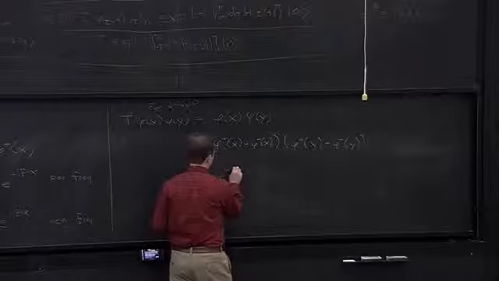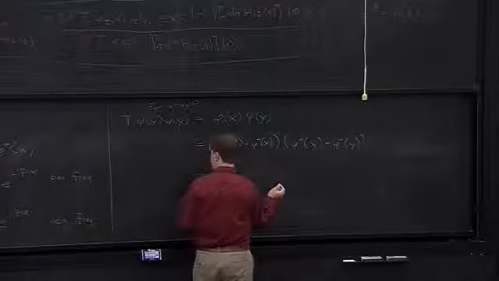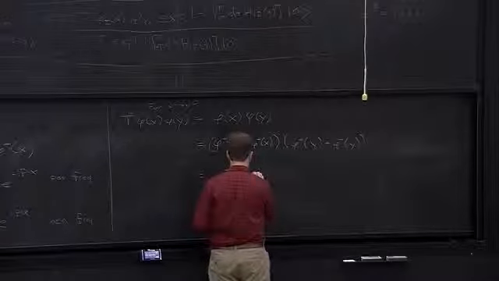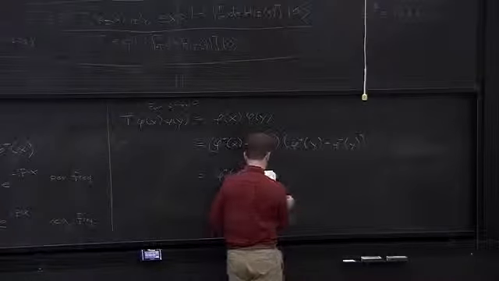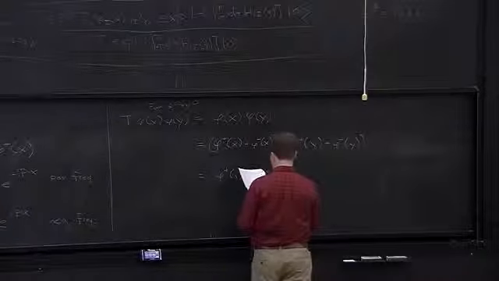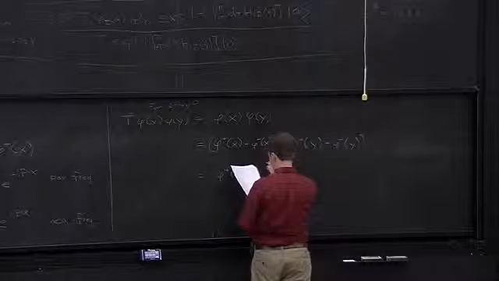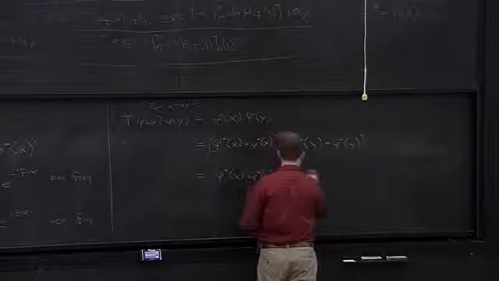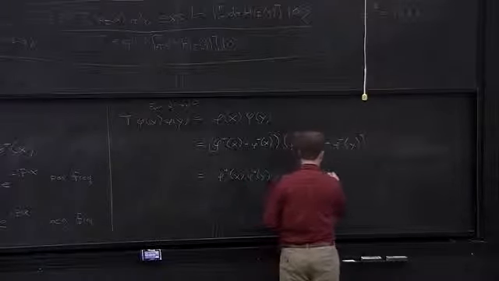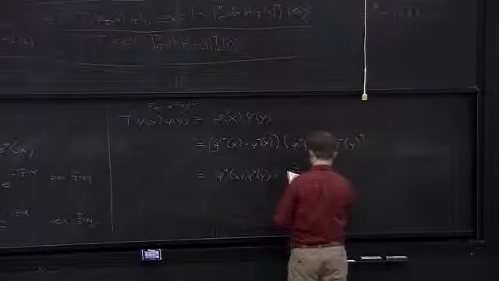So phi plus is already normal ordered. It only contains annihilation operators. As is phi minus, which only contains creation operators, so that's already normal ordered.